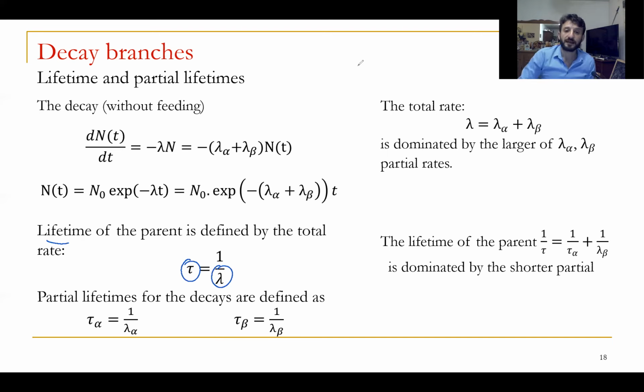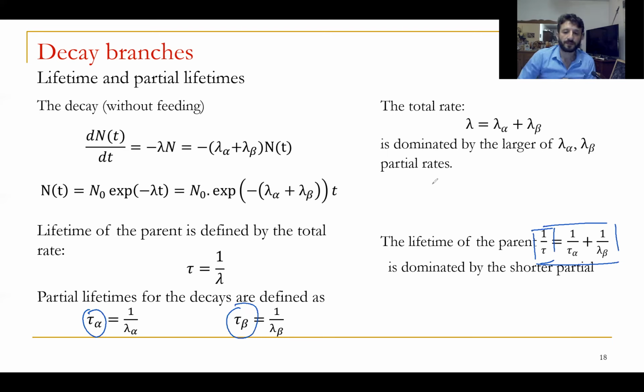And you know the lifetime of the parent equals tau, which equals 1 divided by lambda. Here be careful. You can calculate the partial lifetime for each one, tau alpha and tau beta. And if you want to calculate the lifetime of the parent, you have to write like this. This is the total expression.